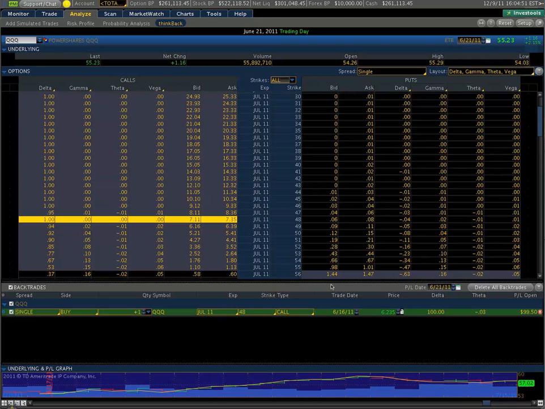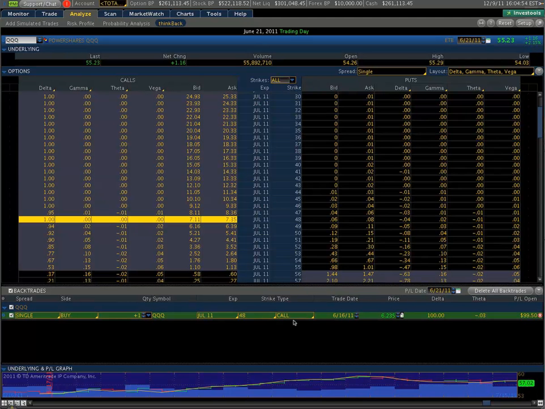And one thing that you can use to determine how much profit you get is that you're taking the delta times the change in price, in this case $1.16. But remember that for a single contract, each contract gives you the right, but not the obligation, to purchase 100 shares for each single contract that you purchase.